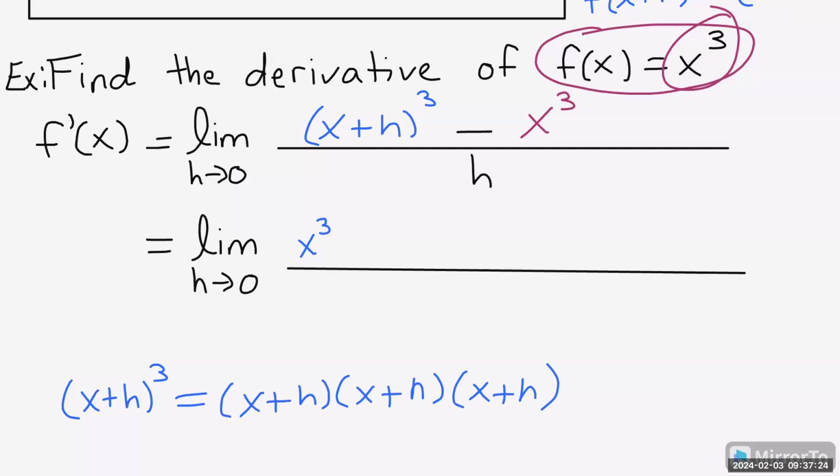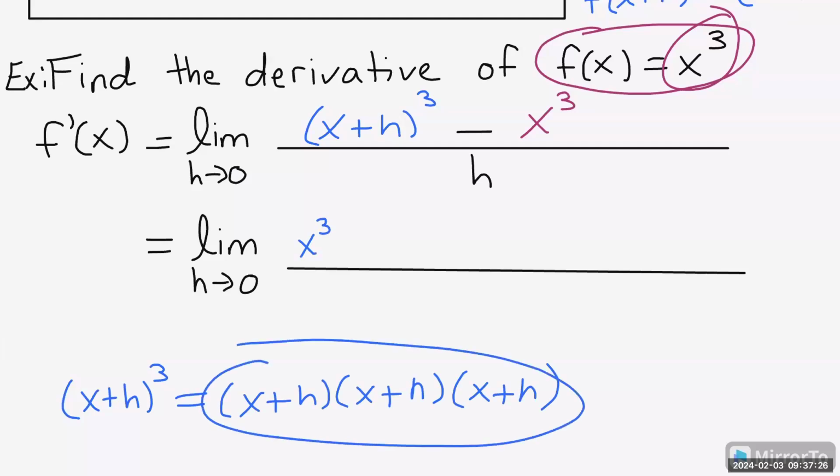So when I multiply all of this out, I end up getting x cubed plus 3x squared h plus 3x h squared, and then plus h cubed. And then minus x cubed, I'm just bringing that down. And then all of this is over h.